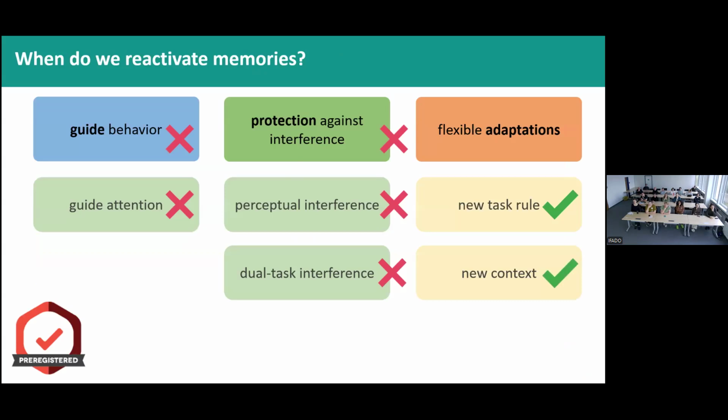So to go back to the big picture, now we found that a new context also triggers reactivation. So we can confidently put a check mark next to the reactivation account in a new setting. So it is possible that when we adjust to novel settings, be it task-relevant rule changes or task-irrelevant contextual changes, we require stronger reactivation of long-term memories in working memory.